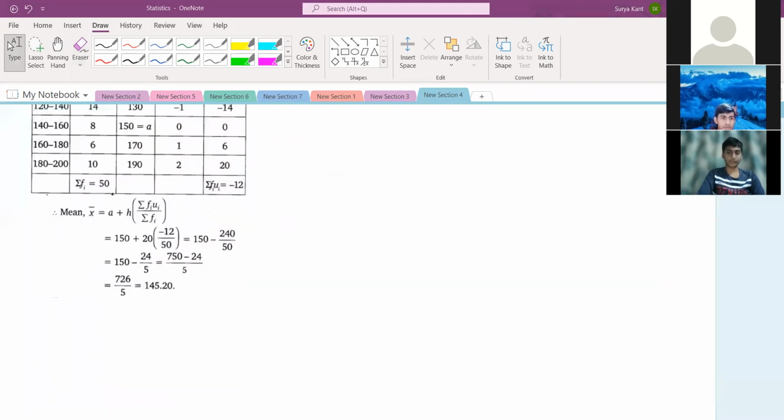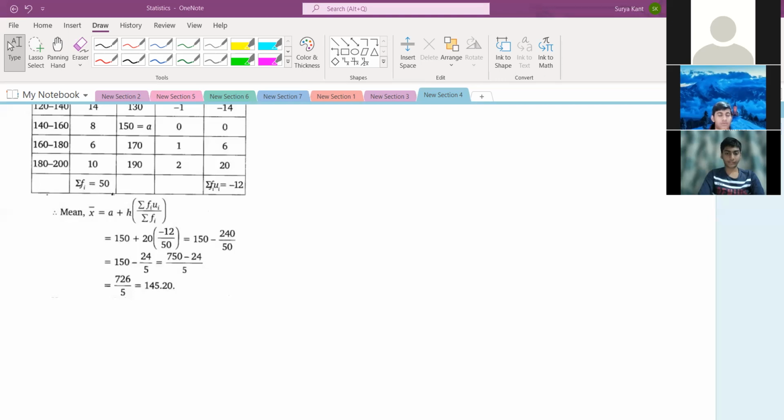Now the next question is, you have to do it by any of the methods. You can do it by the assumed mean method, or better, by the step deviation method only. We'll just solve this question. One minute, I'll give you another question.